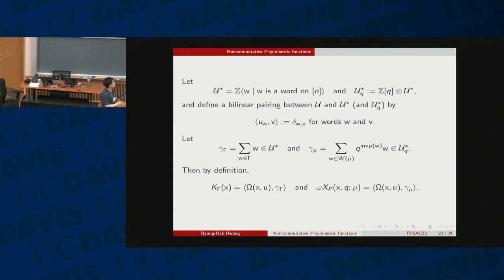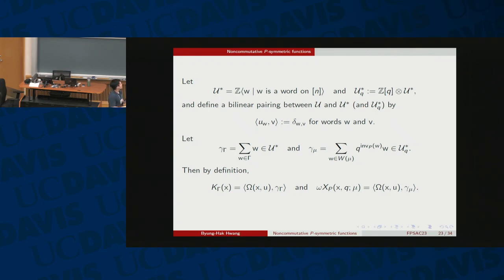Finally, we define small gamma sub gamma, which is the formal sum of the words belonging to this connected component, and gamma sub mu, which is equal to the formal sum of words of type mu with their q weight.